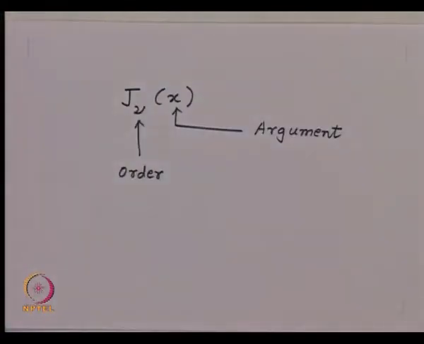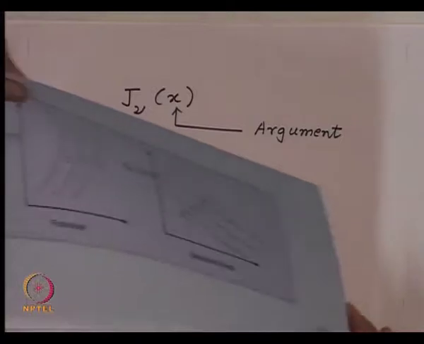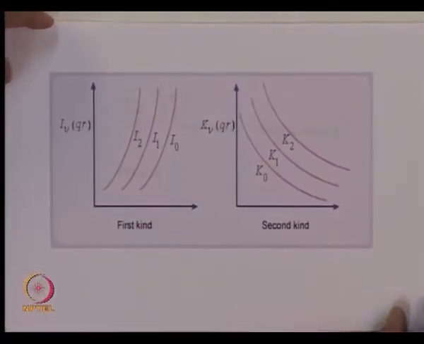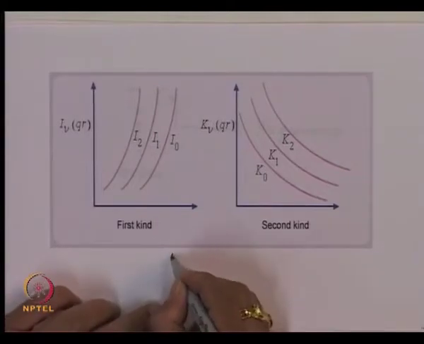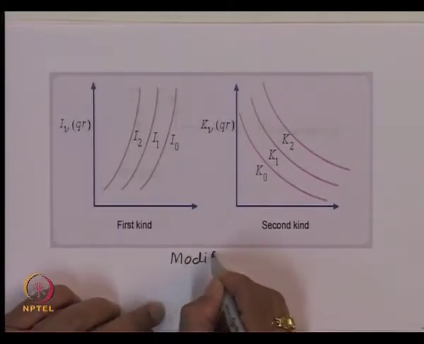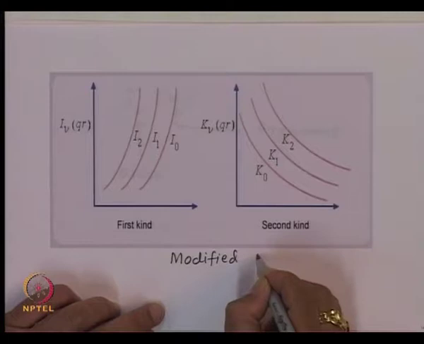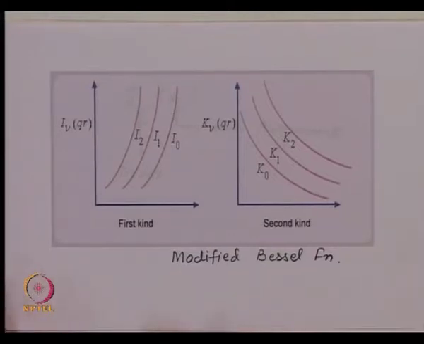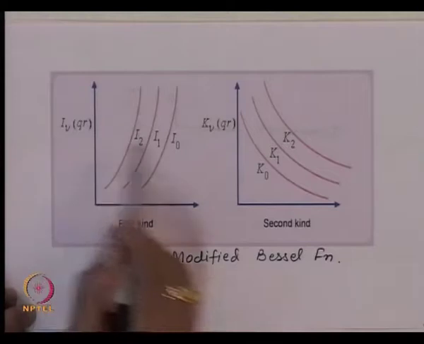If the q is imaginary, then I get the Bessel functions, what are called the modified Bessel functions. So, we have here what are called the modified Bessel functions, and these functions are denoted by I and k.